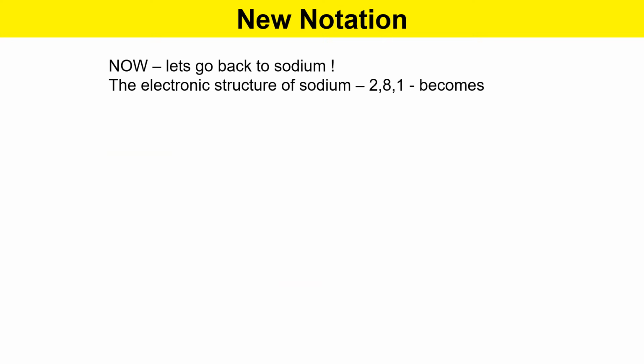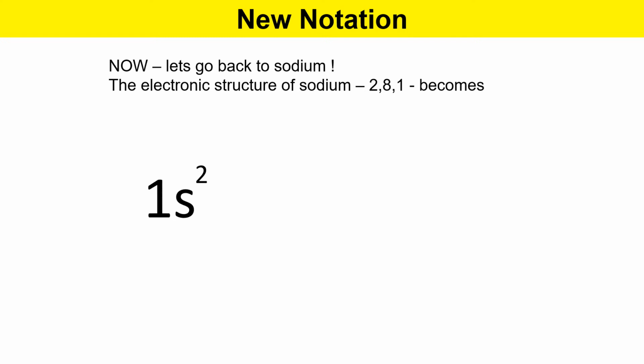Let's go back and see if we can now write new notation for the electronic configuration of sodium. At GCSE, we knew the electronic configuration was 2.8.1. Now at AS level, we're going to put in information about the energy levels, the subshells and the orbitals. So in the first shell or energy level, we have one subshell, the S subshell, which is 1 orbital holding 2 electrons.